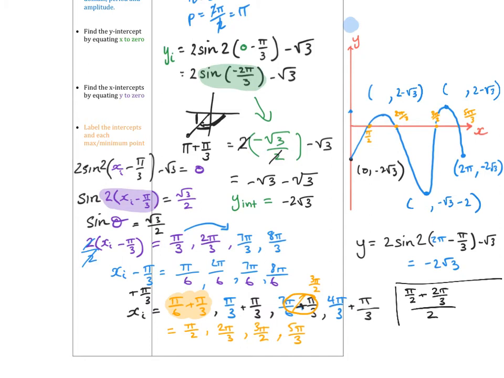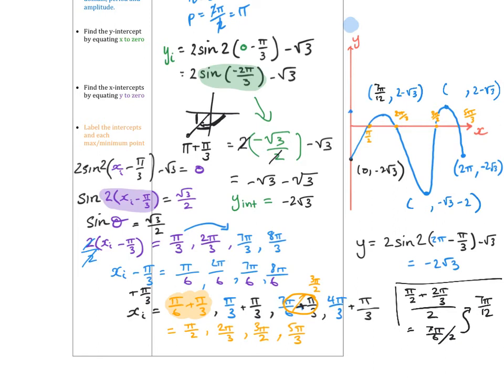Now we can say that this is the same as 3 pi on 6 plus 4 pi on 6. So we get 7 pi on 6 divided by 2, which we know to be 7 pi on 12.